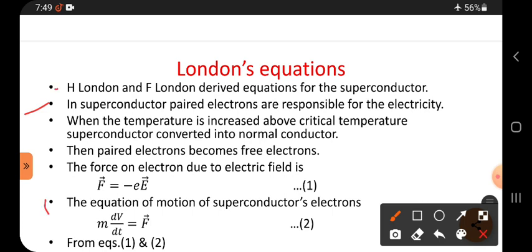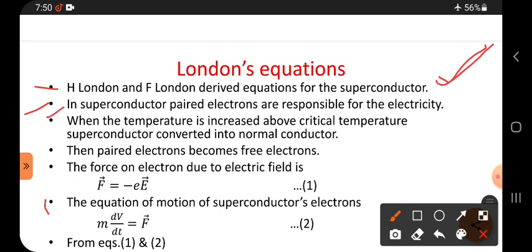So London equations, London means there are two scientists, I think they are brothers, H London and F London, who derived equations for superconductors, right? In the form of current density they have derived the equation.